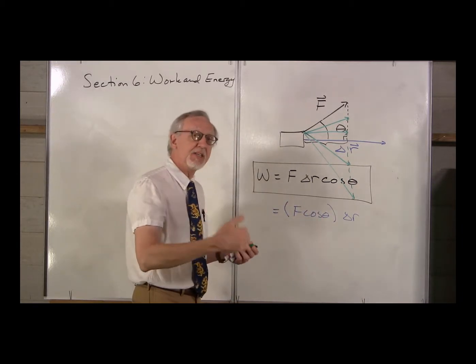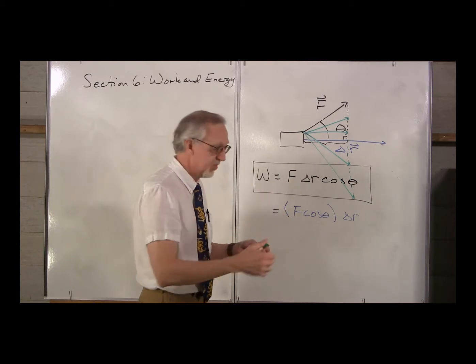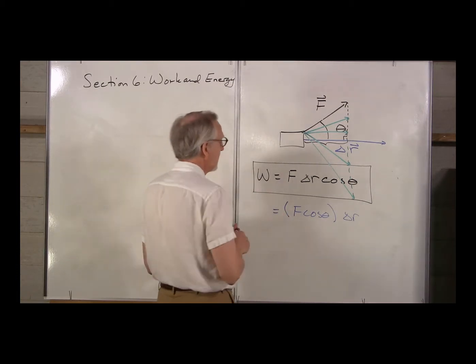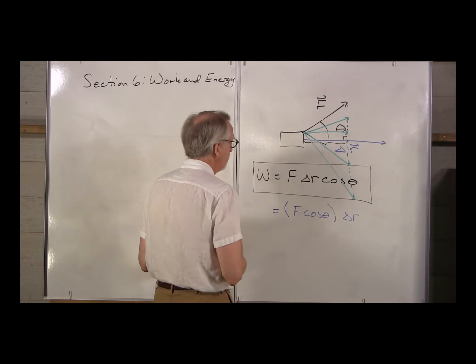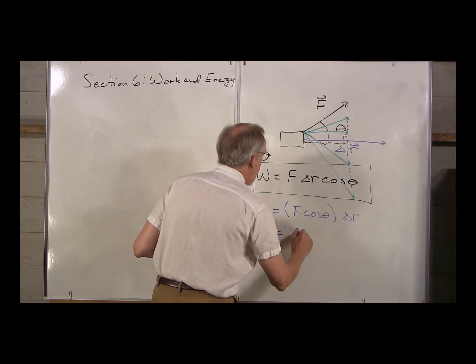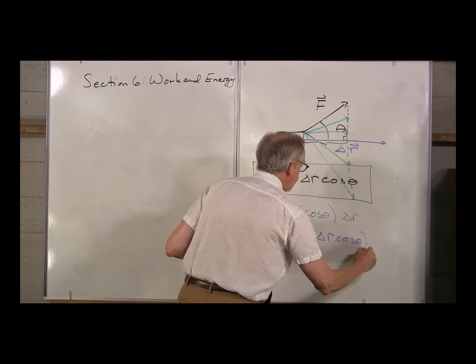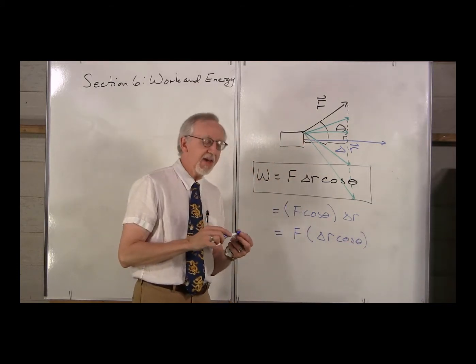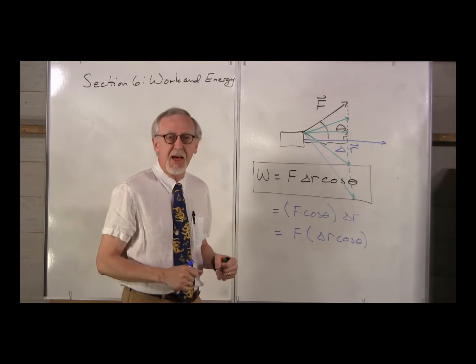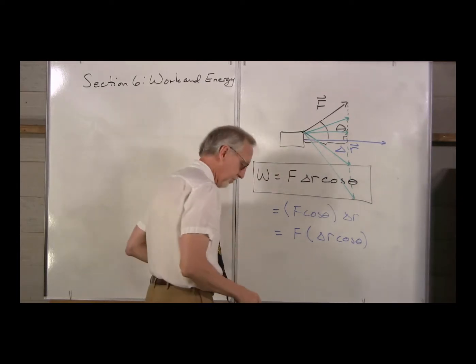Another way is actually to put the cosine of theta along with the delta R. We might think of this as F times delta R cos theta. Thinking about it like that, how would you interpret that? Well, let's take a look.